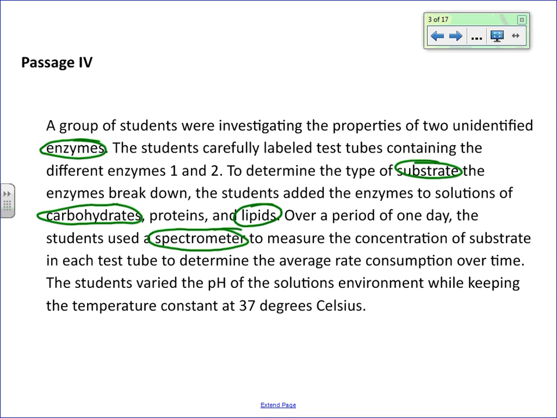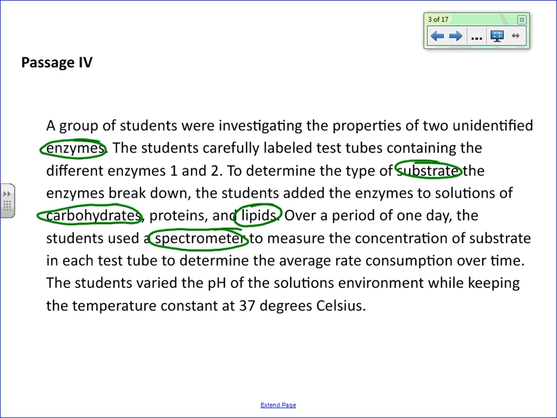Right. In this case, is enzyme defined for us in the passage? Nope, no definition there. That means that we need to then use context clues or background information to figure out what an enzyme is. Does anyone have any experience with the word enzyme or recognize what the word enzyme means? Maybe not. We haven't talked about it a lot in biology yet.